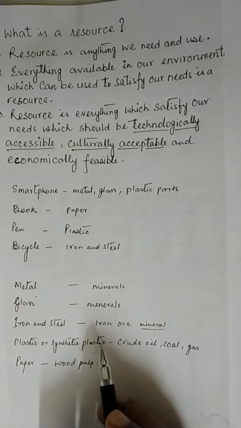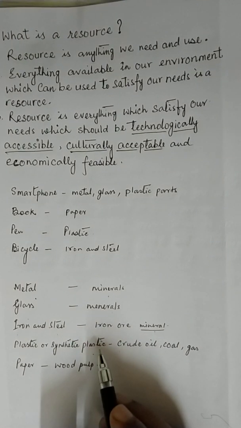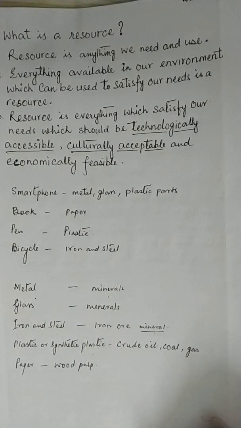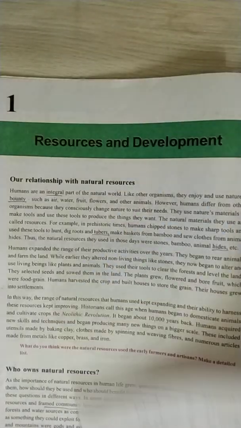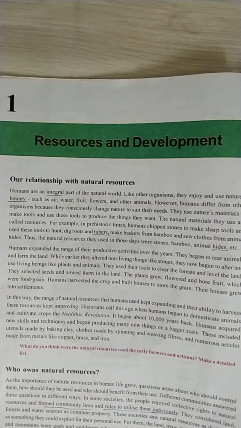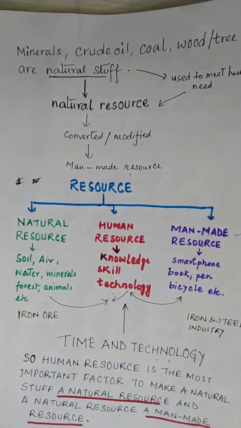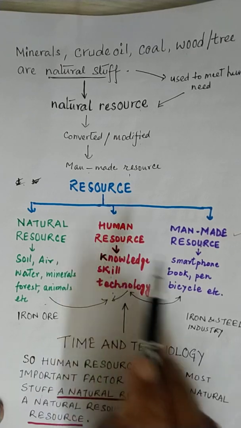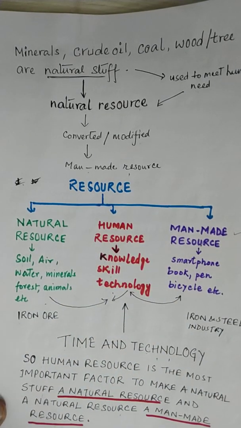And when we convert or modify those natural resources, it is called man-made resource. So we can divide the resource into three types: natural resource, human resource, man-made resource.